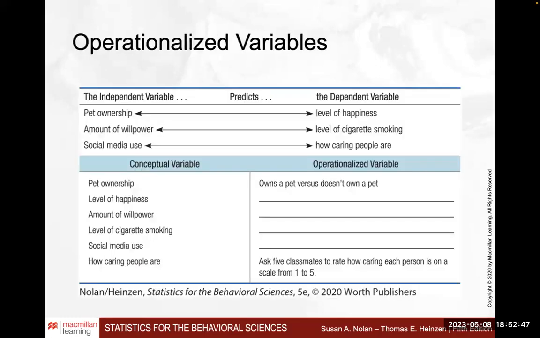If you're interested in a relationship between the level of happiness of a population and the independent variable of pet ownership, the operationalized variable of the conceptual variable of pet ownership becomes: does that individual have a pet or not? So that becomes the level of the independent variable. And the dependent variable is happiness.